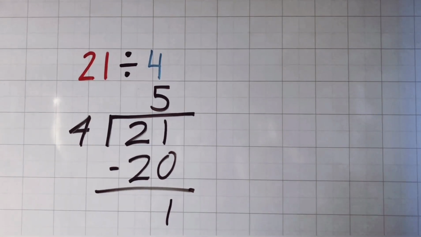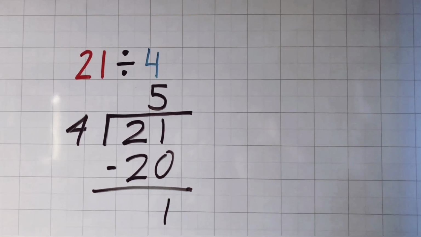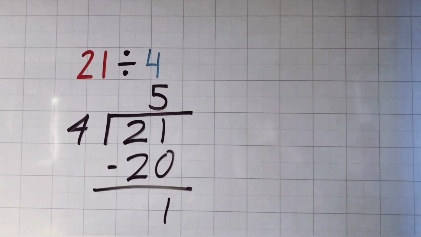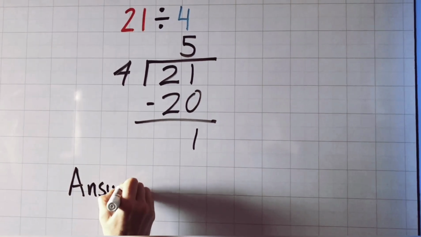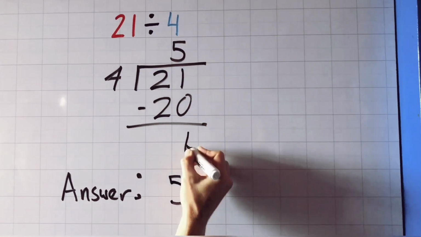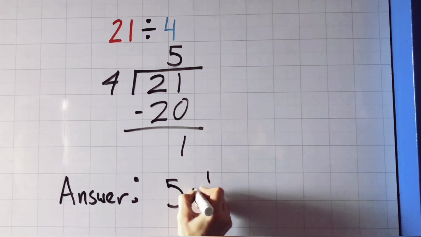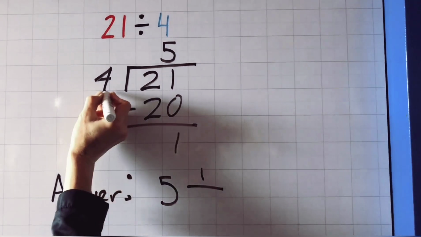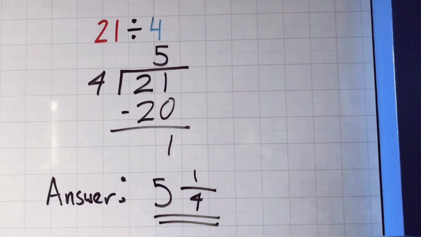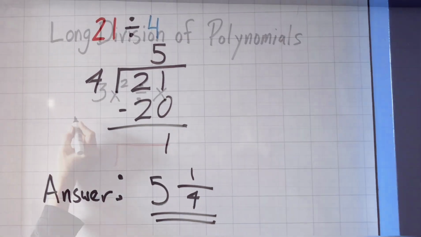So how do I want you to write the solutions for polynomials? Well, we'd have to write them in fraction form in the end. So we would write our answer is 5, and we have the remainder 1 over what we are dividing by, 4. 5 and 1/4. So let's see how this works with polynomials.